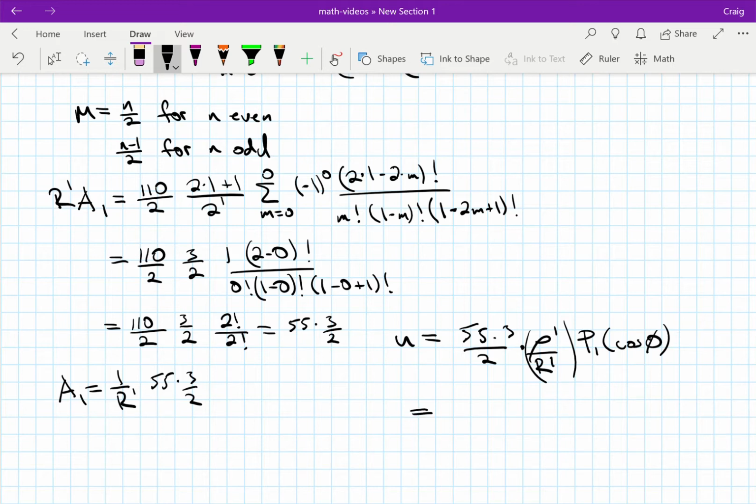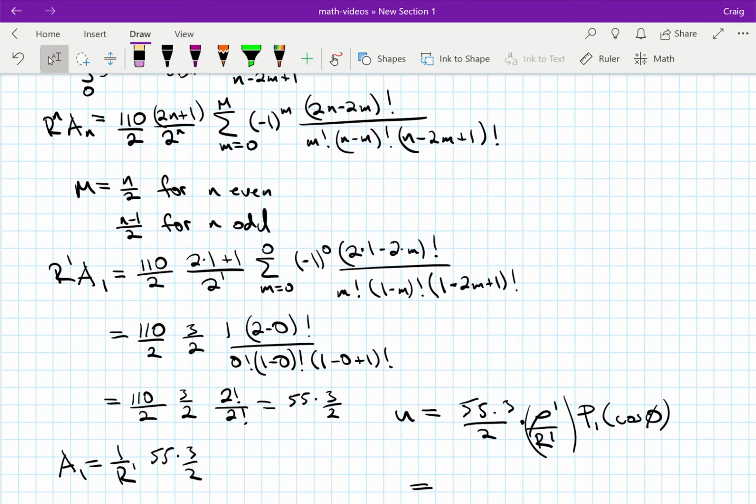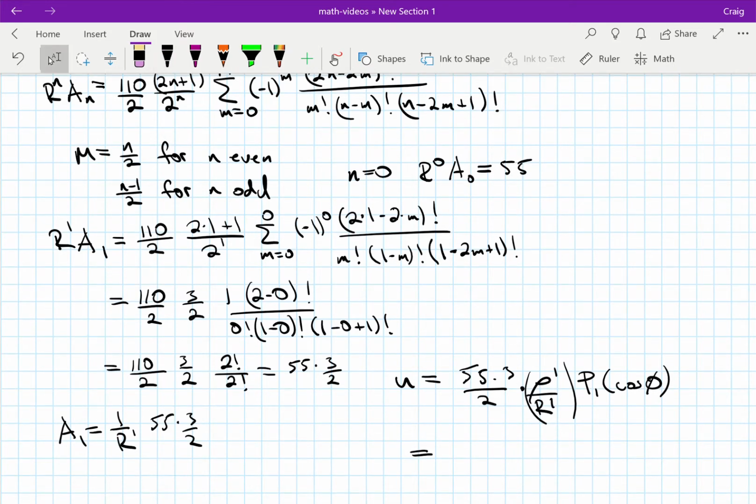And I also have my a sub 0 sitting in there somewhere. For n equals 0, r to the 0, a sub 0 has to be equal to 55. So there are no terms in that expansion there.